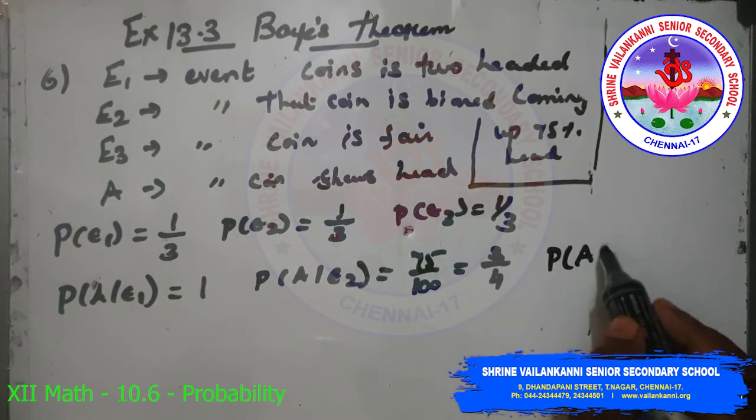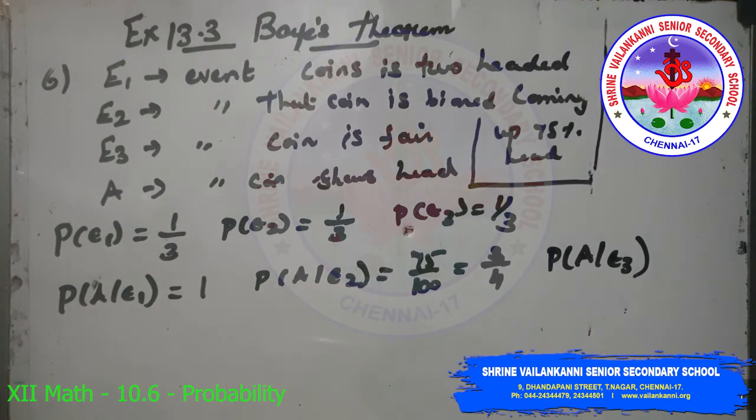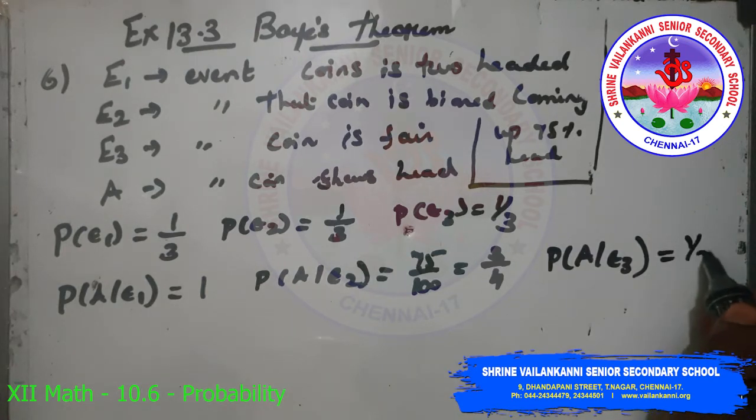And P of A by E3. E3 is the event that the coin is fair, that is an unbiased coin, which has both head and tail. So the probability of getting a head is 1 by 2.